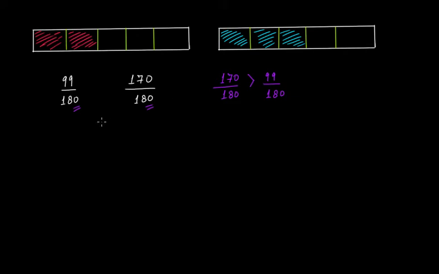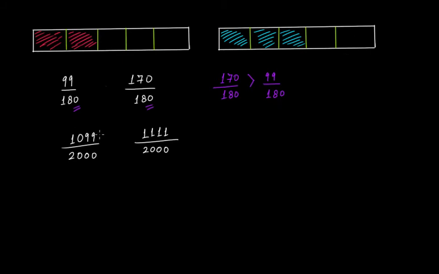If you want to take larger fractions, then let's say that you have 1099 divided by 2000, and 1111 divided by 2000. Again, think of these two blocks. This block has been divided into 2000 equal parts, and this block has also been divided into 2000 equal parts.